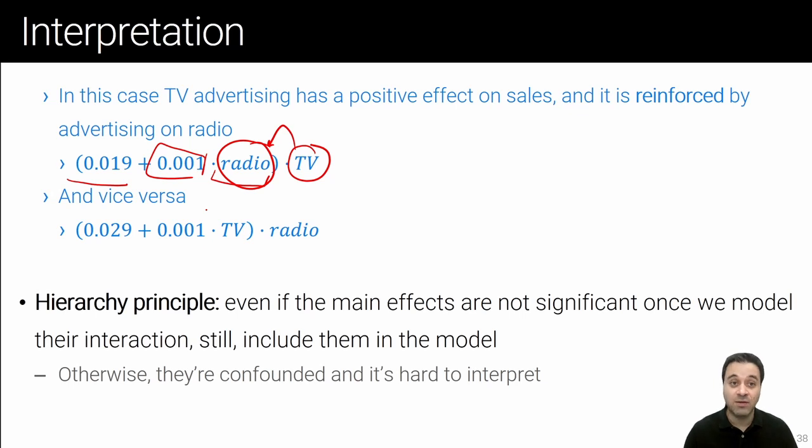That right there is the interaction effect. And of course, vice versa. What we're saying here is that the total effect of the radio is 0.029 plus the interaction times the TV. So it's like they're kind of reinforcing each other. Let's imagine that we see the advertising on the TV and we are more likely to buy the product. Sure. We hear about it on the radio. We are a little bit more likely to buy the product. Sure.